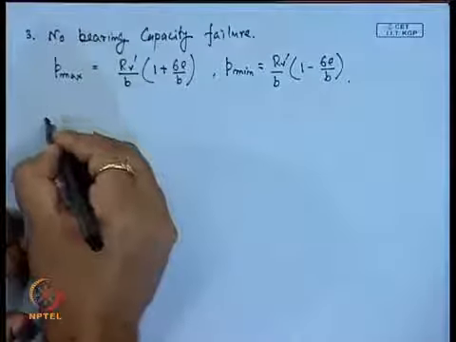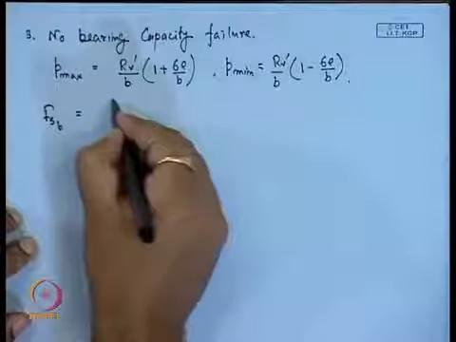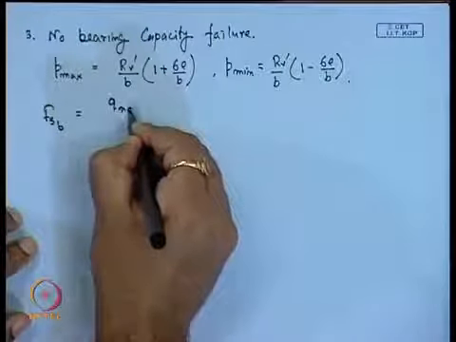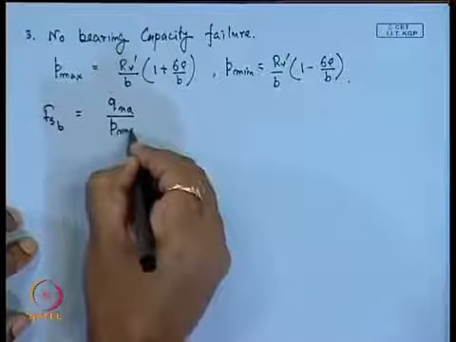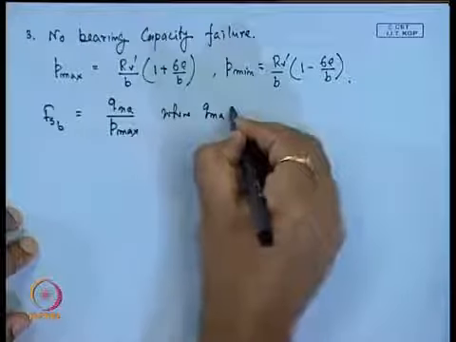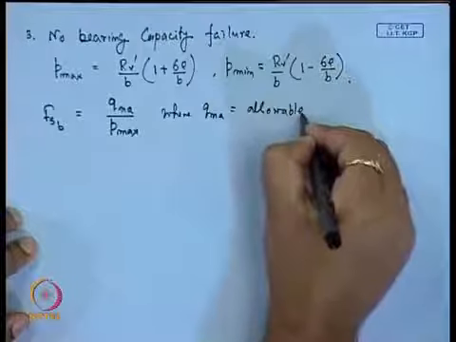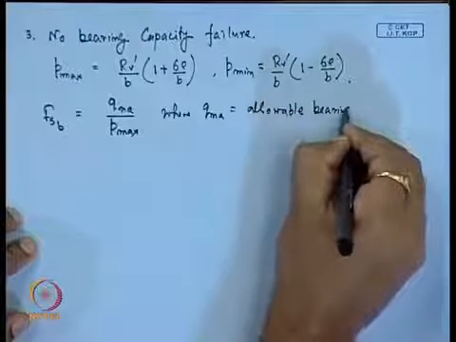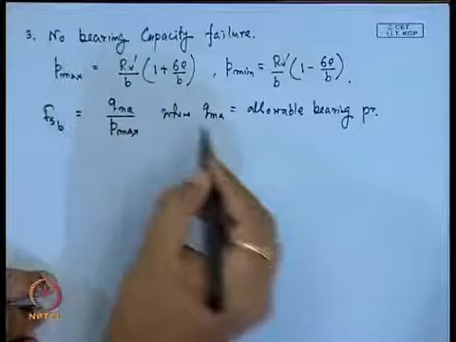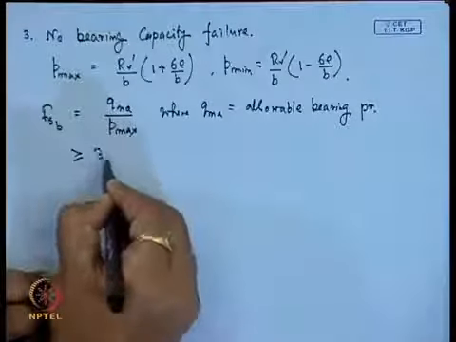Now, the factor of safety for bearing capacity failure will be q_na divided by P max, where q_na is the allowable bearing pressure, and this F should be greater than or equal to 3.